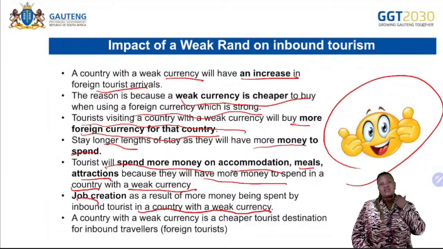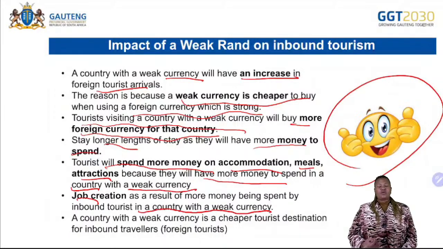So when the rand is weak, from a tourism perspective, it does help to stimulate the economy because more tourists come in who need goods and services, and people need to provide those. So jobs are created because we will need to hire more workers in institutions like hotels and the accommodation industry, transport sectors, attraction sectors, casinos and lotteries, and so on.